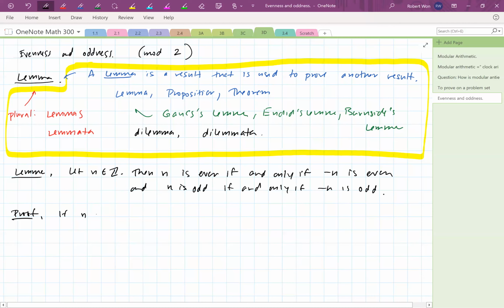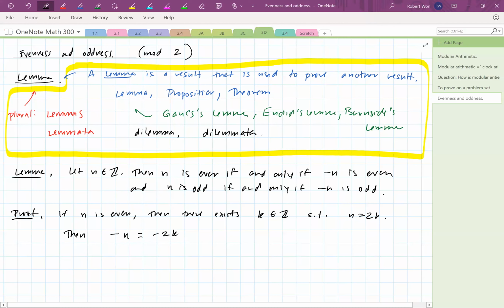If n is even, what does that mean? By definition, there exists an integer k such that n is equal to 2 times k. But then negative n equals negative 2k.